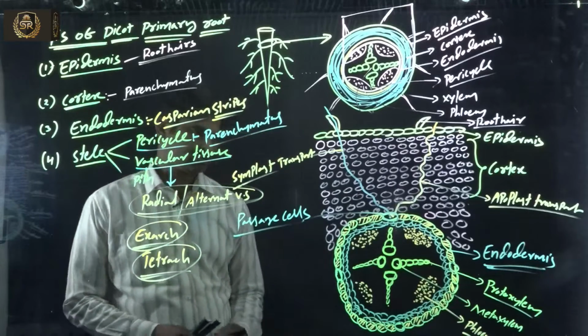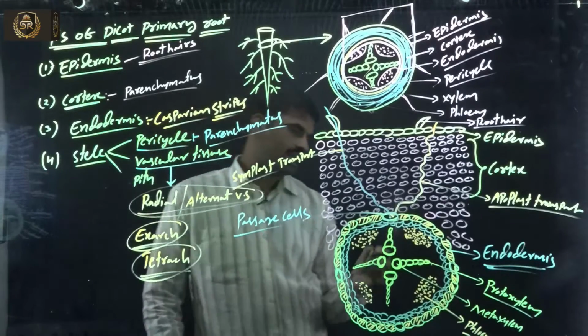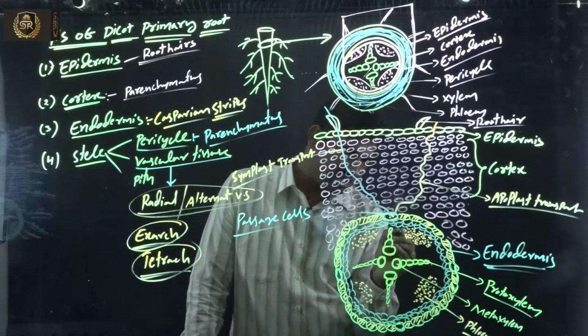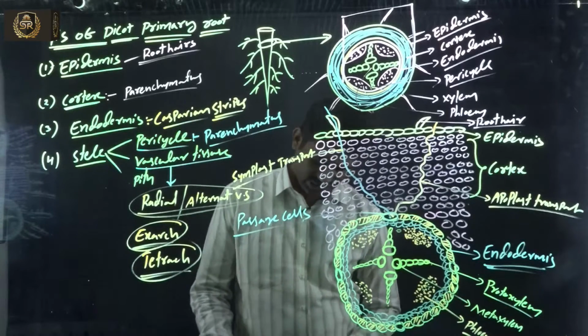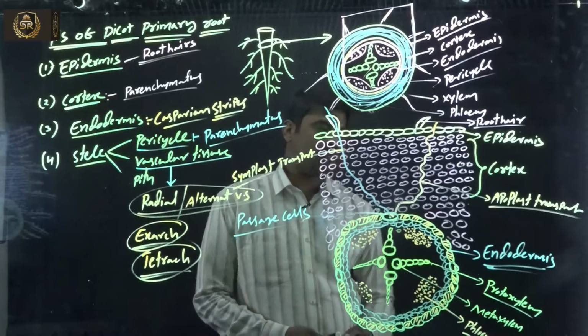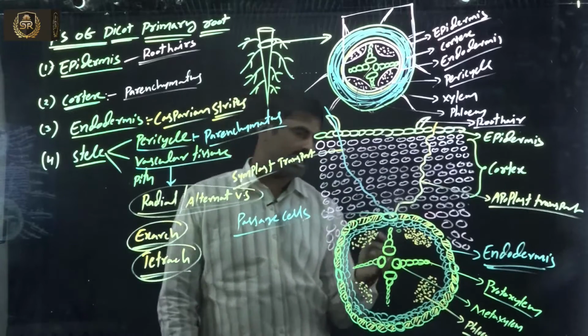Next one, especially in roots, xylem and phloem are separated by parenchymatous tissue.